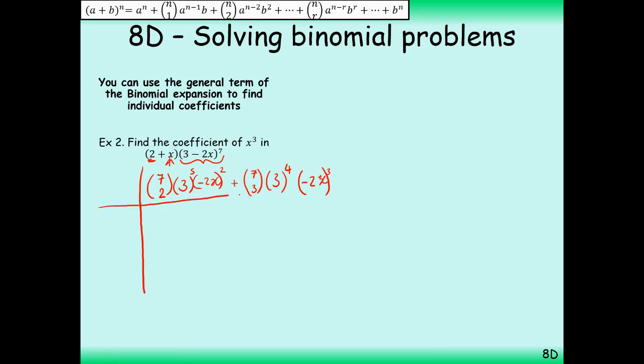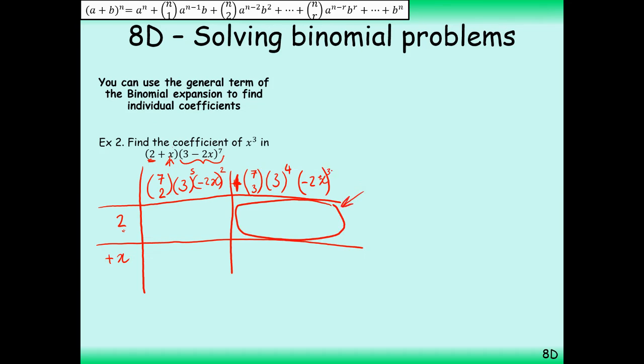You make a table here and you say I need to actually have a 2 and an x here, and I write them on two different lines because that helps me figure out what I'm looking for. I'm going to multiply this 2 by this term above it to find out what goes in this box. This box will have x to the power of 3 here.